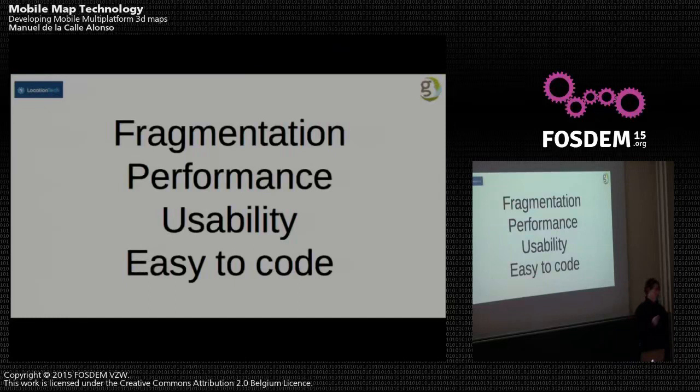You need to do a lot of async tasks, and use 100% of what the device can do for you. This is the reason why we have developed a native library.